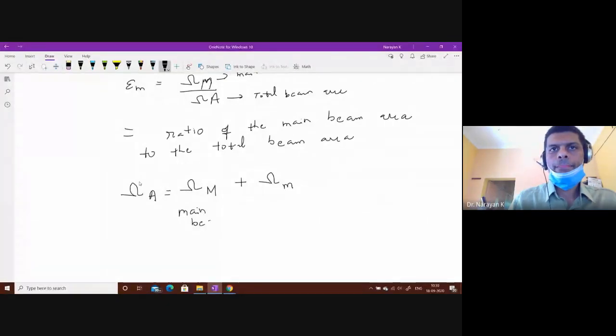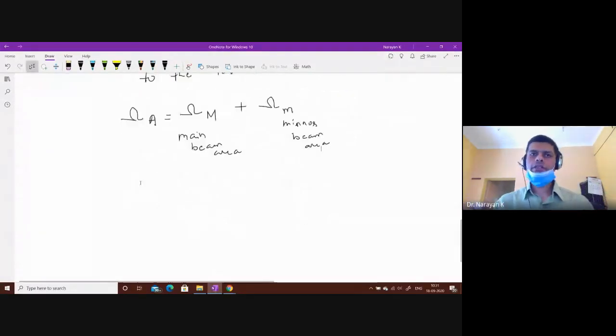So I'll just draw a figure to tell you what is the minor beam area and the main beam area. I hope I'll be able to draw the figure properly.